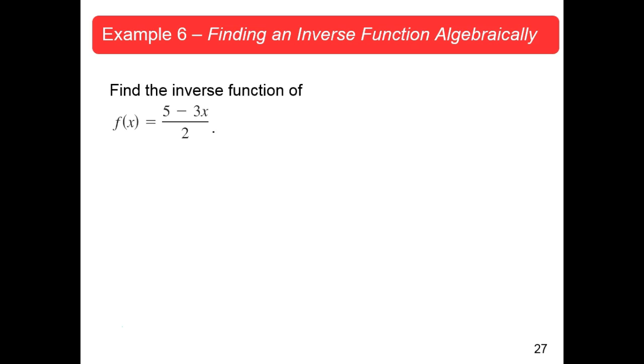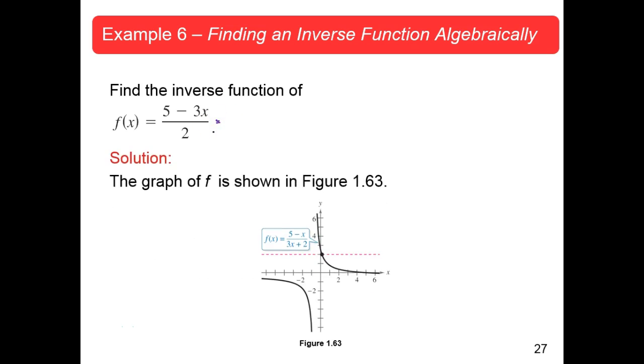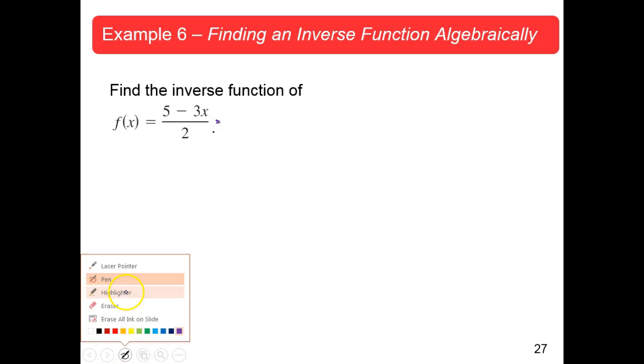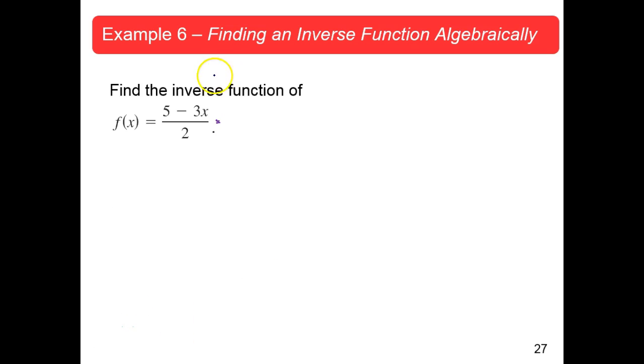f of x is equal to 5 minus 3x over 2. Now, I know what they want us to do, graph it. I really don't want to. I want to argue my way through it. Here's what I'm going to do. You tell me if you think this is okay. I'm going to split this up and call it 5 halves minus 3x over 2.